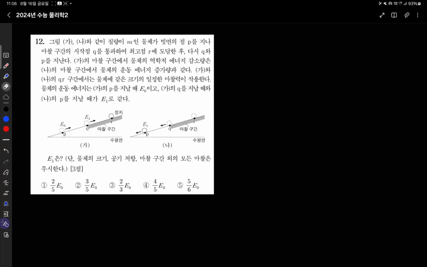Hello everyone. In this problem, there is an object on the ramp.